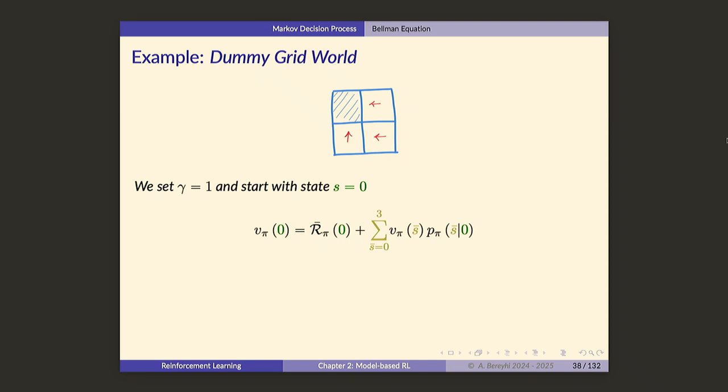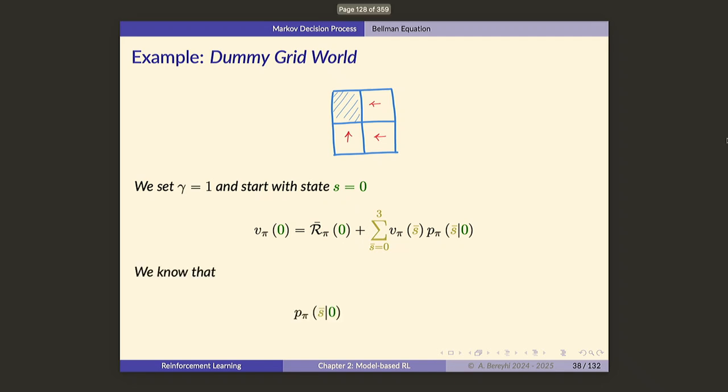Everybody's clear? Now, when I am in state 0, what is the chance that I remain in state 0? 1, right? State 0 is the terminal state. When I am in that state, I'm going to remain in that state forever, so the probability is 1. What is the probability that I go to any other state? 0, so I'm not going to leave that state.